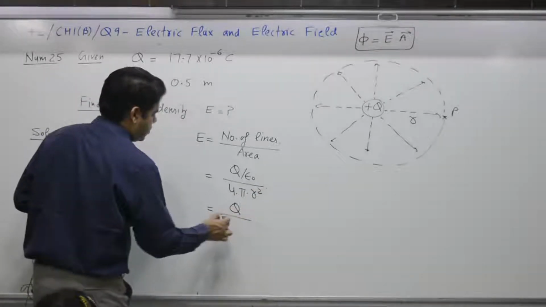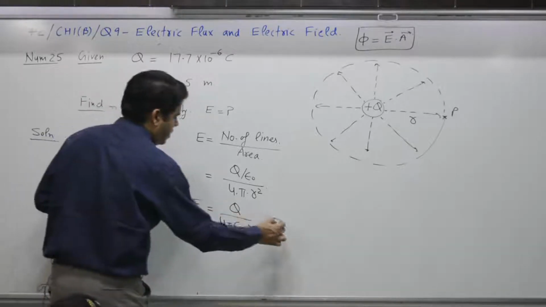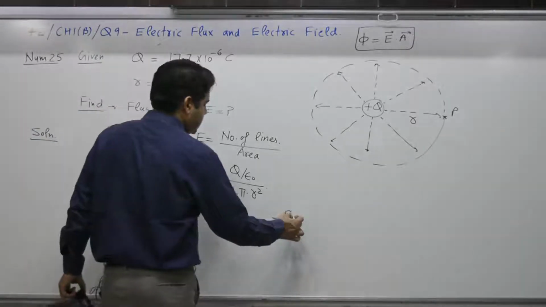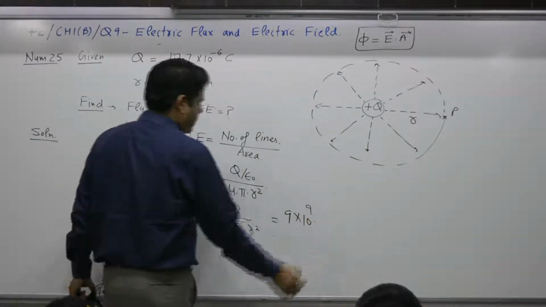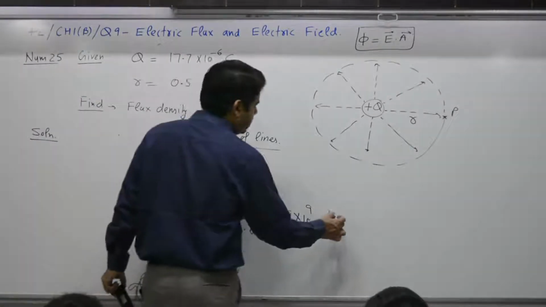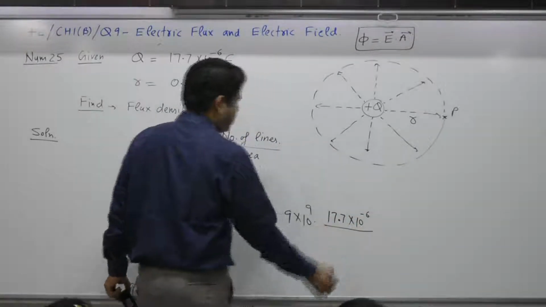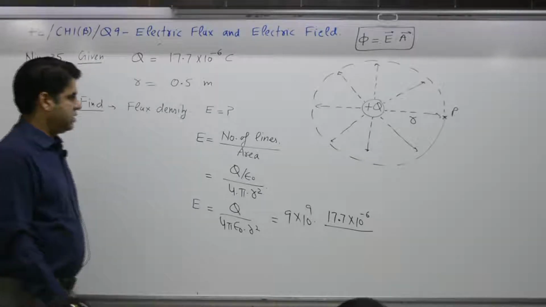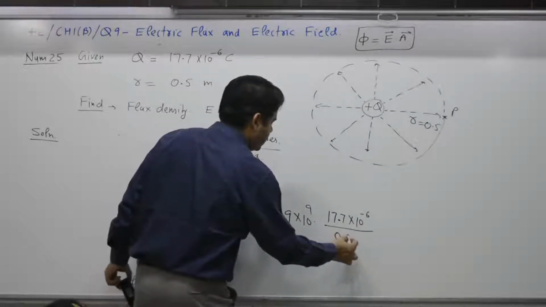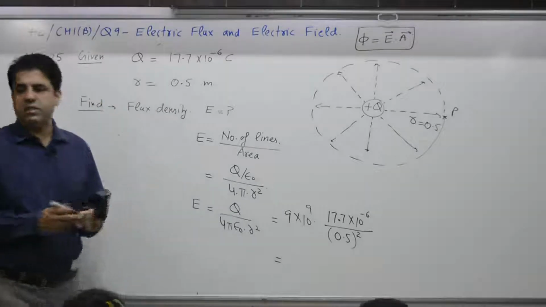So E is equal to Q by 4 pi epsilon naught r square. 1 by 4 pi epsilon naught value is 9 into 10 power 9. Charge is 17.7 into 10 raised to the power minus 6. Radius r is equal to 0.5, so 0.5 square. Find E. One minute for calculation.